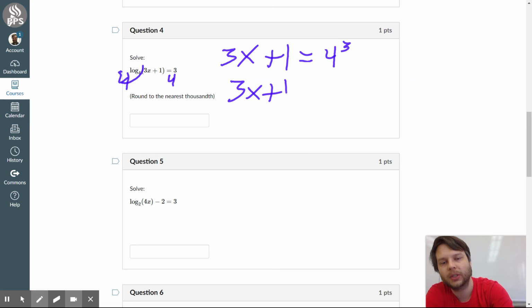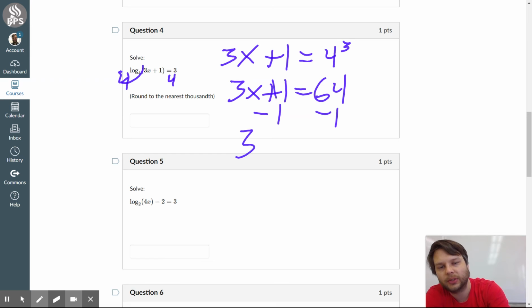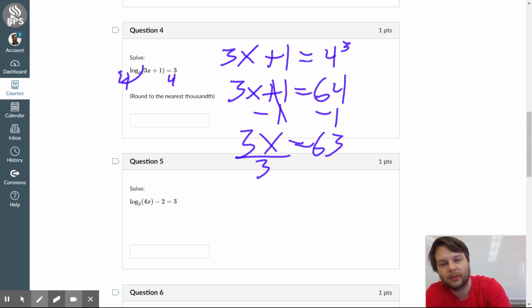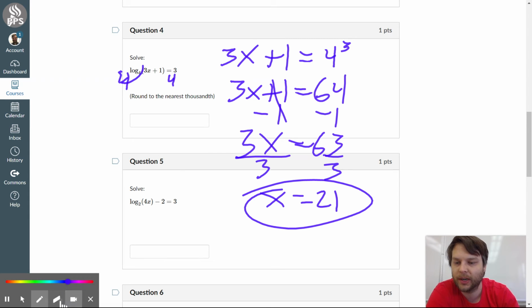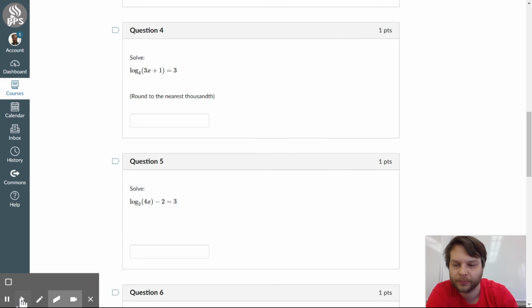So 3x plus 1 is 64. Then we're just solving like we know how to do. Solving 3x equals 63, divide by 3, x is equal to 21, and you got it. So you're still using all the same solving skills, we just have these new pieces of logarithms and exponents.